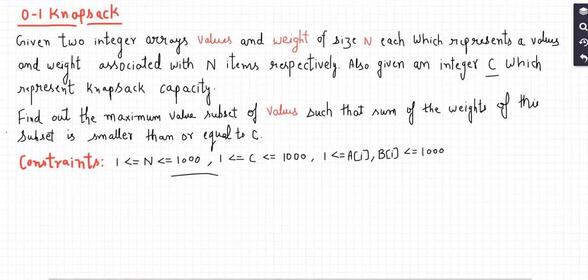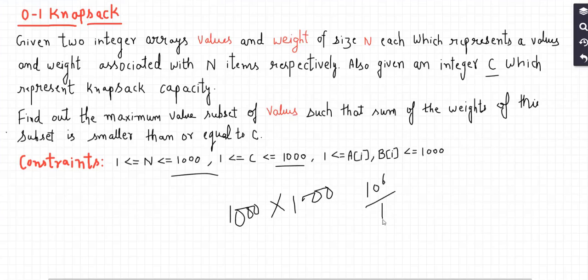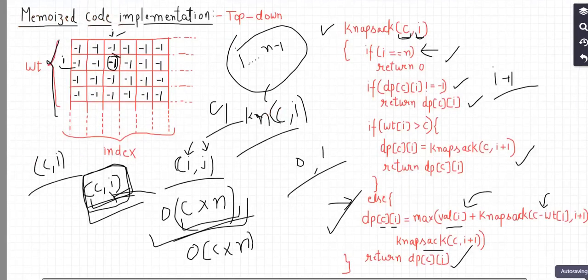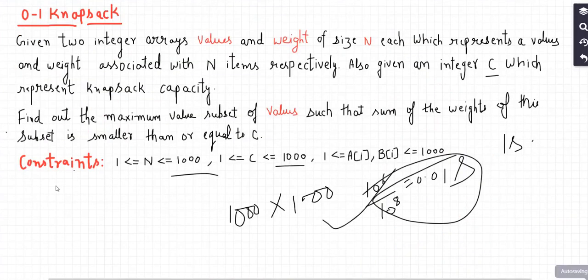The answer is yes, because the constraints are C goes up to 1000, so 1000 into 1000, because n is also 1000, gives me 10 to the power 6, divided by the number of iterations done by the computer in 1 second, which is 10 to the power 8, giving me 0.01 second, which is within the time limit of 1 second. Hence it will work fine. So this memoized code will work for the constraints given here.